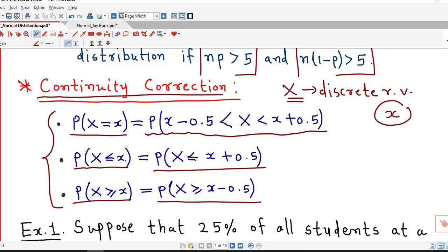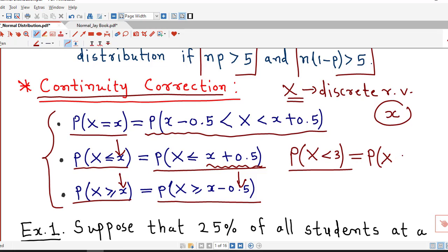If we have capital X less than or equal to small x, then we add 0.5 to the x value, and if capital X is greater than or equal to small x, then we subtract 0.5 from the x value. If we have a probability which says that capital X is less than 3 but not equal to 3, we can convert it, because capital X is a discrete random variable.